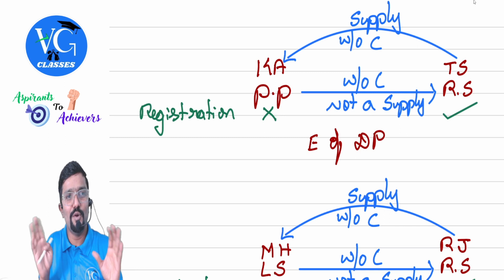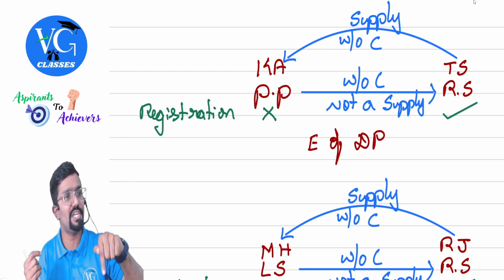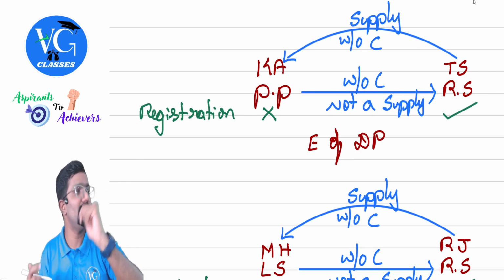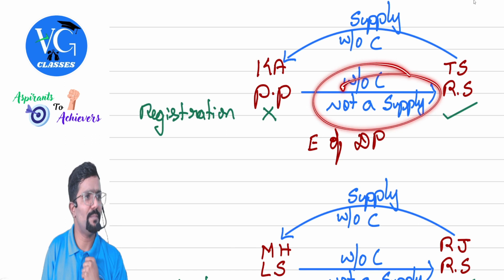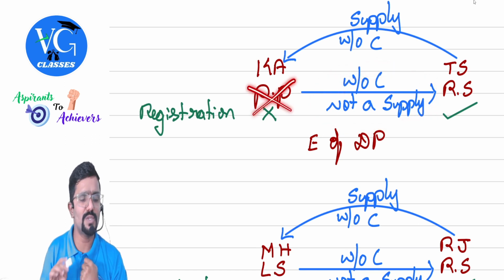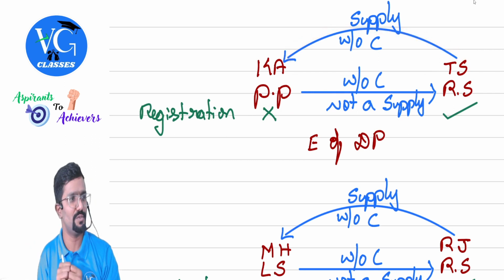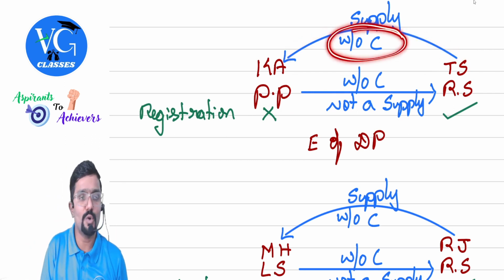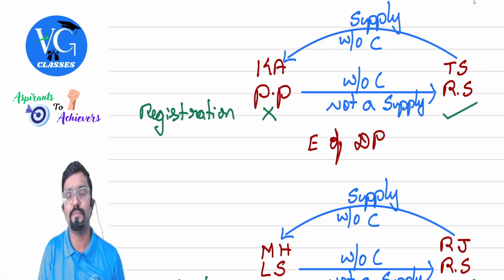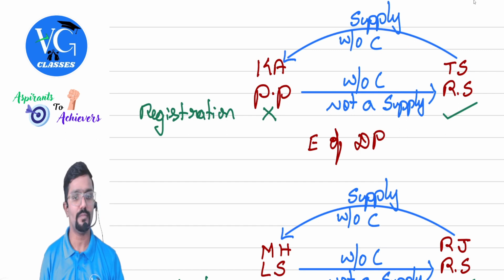But still, if there is any movement of goods or services covered under GST from one branch to another, is it a supply? Yes, even without consideration. When petrol is going, it is not a supply, simply because petrol is outside GST. But if anything is going in the form of service or repair which is covered under GST, and they have supplied it without consideration, is it still a supply? Yes, as per para 2 of Schedule 1, guys.